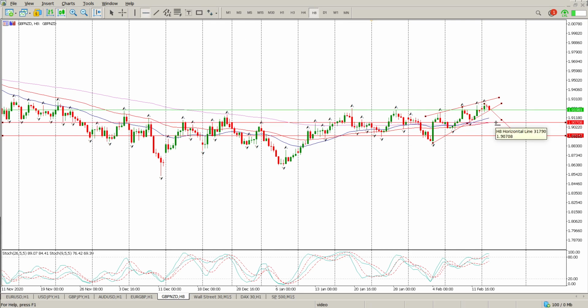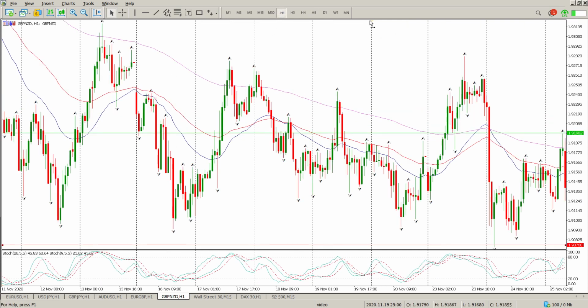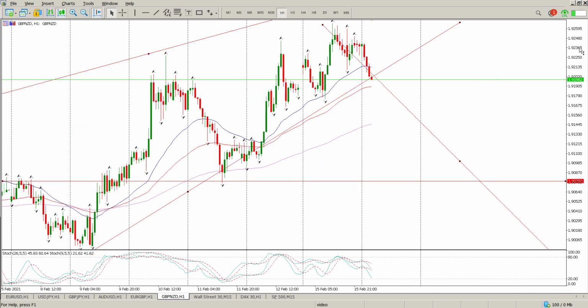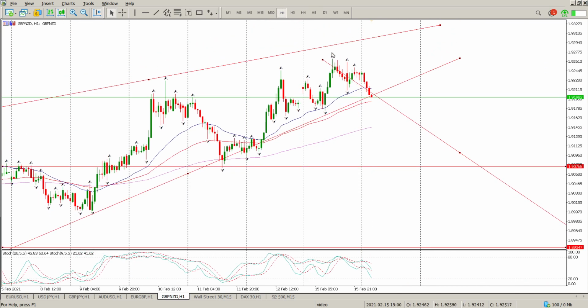So we've got a wedge target, okay, but we also have a fairly strong level inside here. See all the interaction here, and that is 1.90768. Let's just get to the hour. So yeah, you can see we've broken below the swing low here as well.